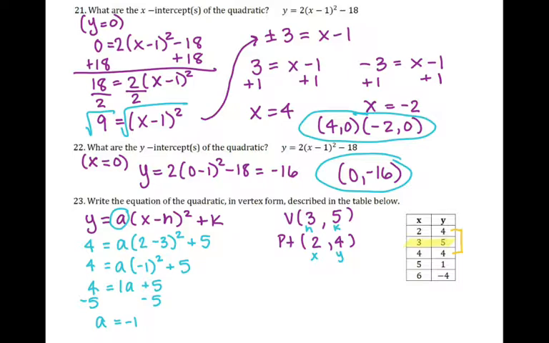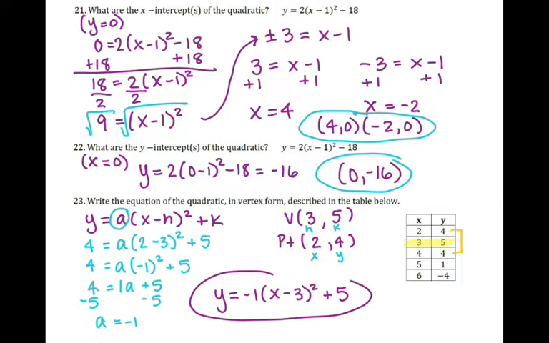So now that I actually know my a value, I can write my equation in vertex form. I'm just going to replace my a, h, and k, and then that's going to give me my final equation. So I have y equals negative 1(x minus 3) squared plus 5. And there's your equation for 23.